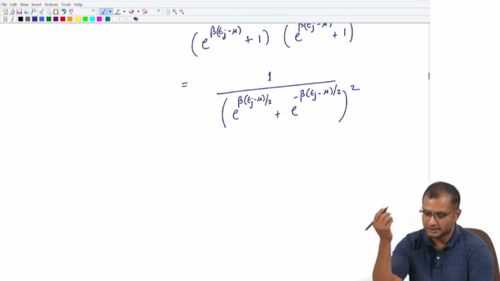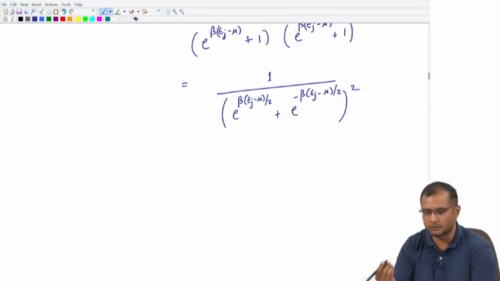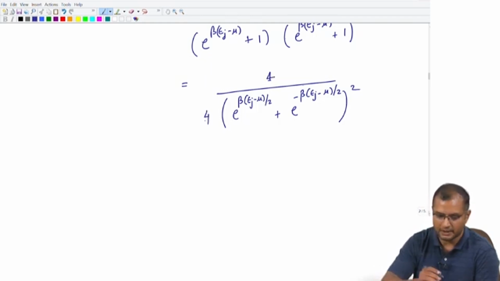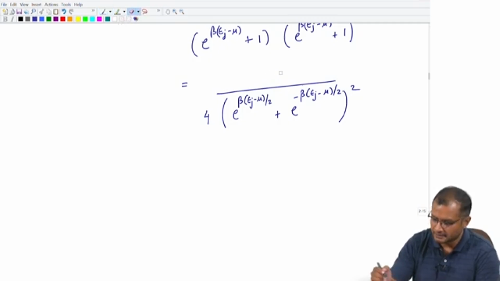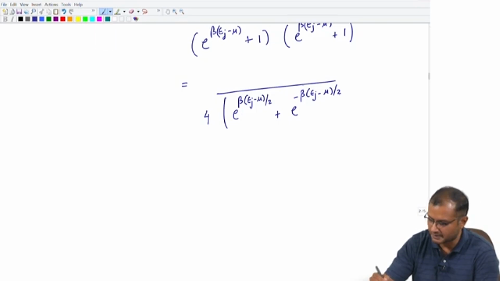So, this can be readily converted into cosine hyperbolic. What I have to do is basically multiply the numerator by 4 and the denominator by 4, and simply remove this thing from here, or let it be like this, we will just write it as 2 and you write it as 2 squared.